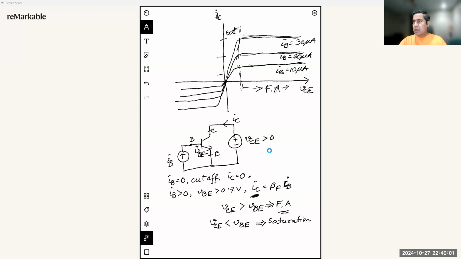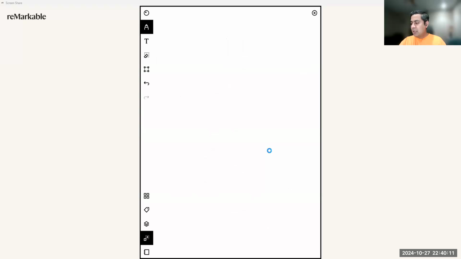So that's pretty much our analysis of the BJT. So we are going to test these devices, how they behave in terms of simulation and in terms of experiment. Let's first talk about the LTspice simulation library, how we are going to define our BJT. The circuit we are going to use is going to look like this.